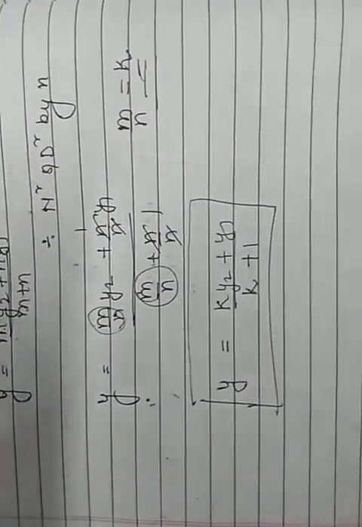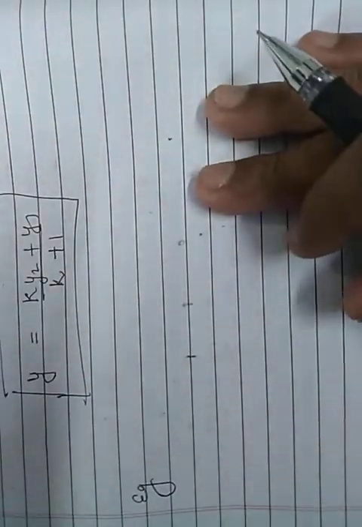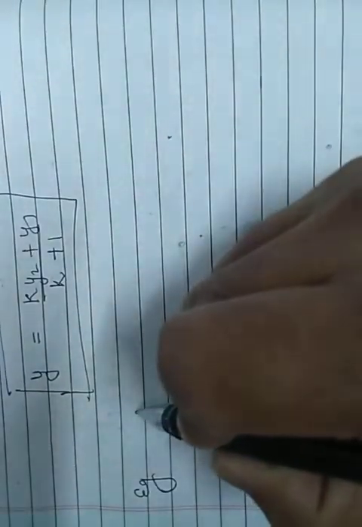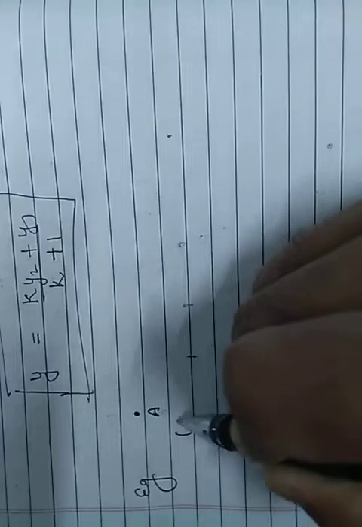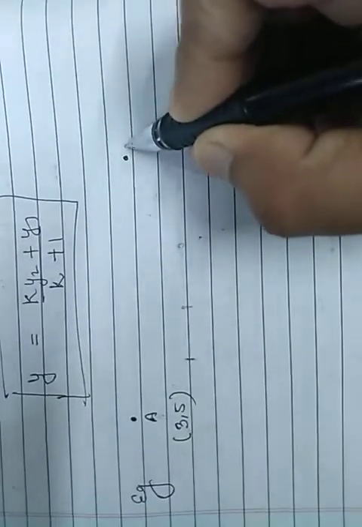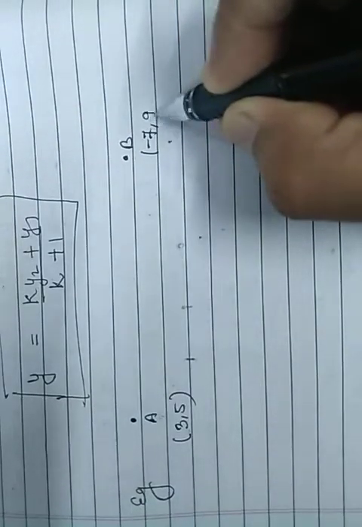I will explain with you a suitable example. Now consider an example where point A has coordinates (3, 5), and this is point B with coordinates (-7, 9).